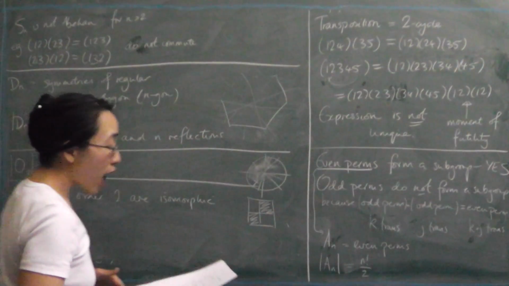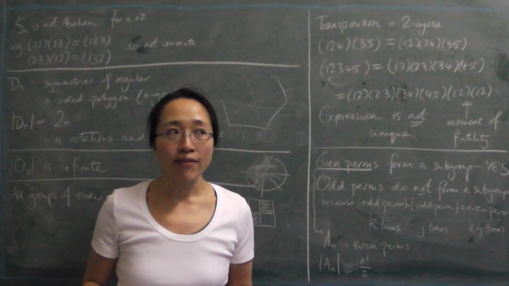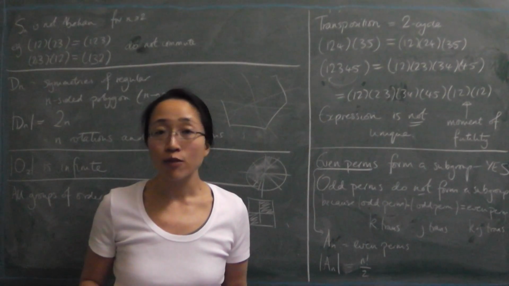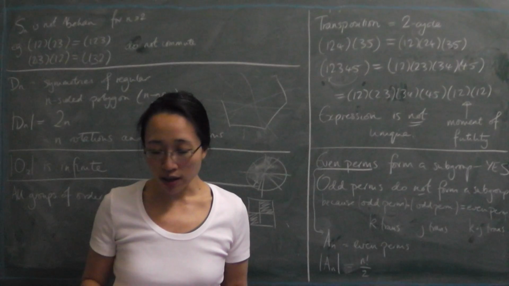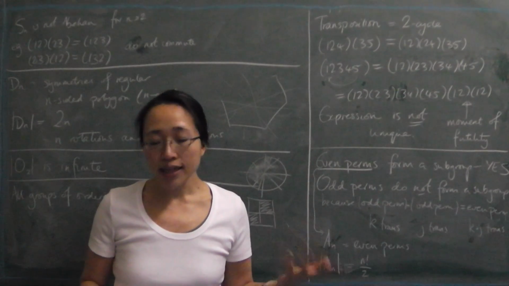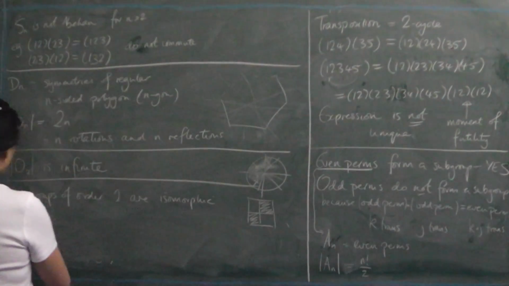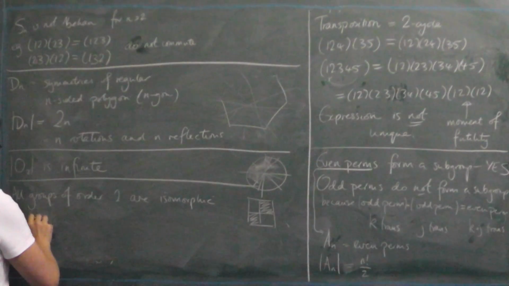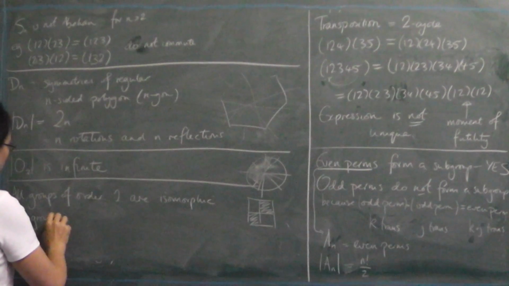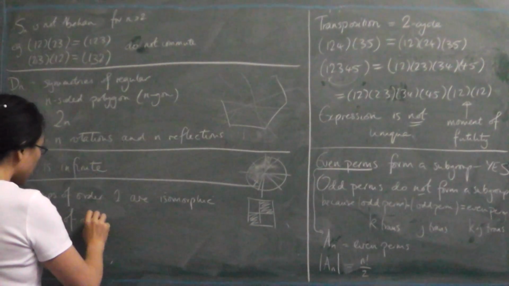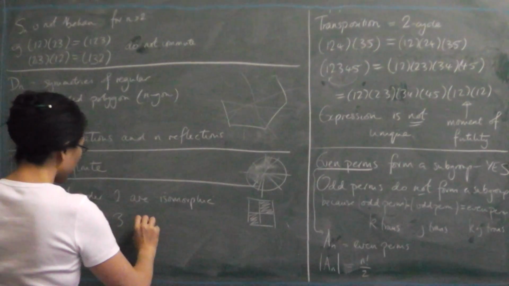And D1 has order 2, although I haven't really told you what it is, but it must have order 2 because it's got to have order 2 times 1. C2 has order 2 and S2 has order 2, so they must all be isomorphic. But also, actually, we can show that all groups of order 3 are isomorphic as well.